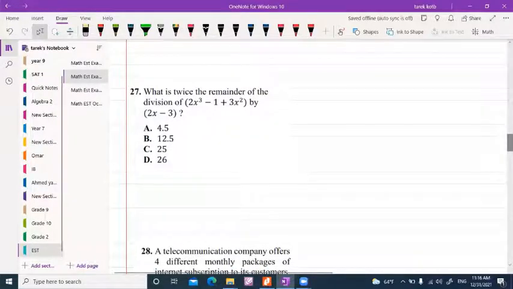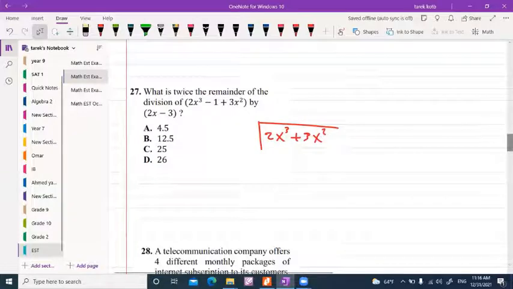This needs long division. 2x cubed plus 3x squared. I have to arrange it, I don't have x, so you have to leave space for the x, and then negative 1, divided by 2x minus 3.